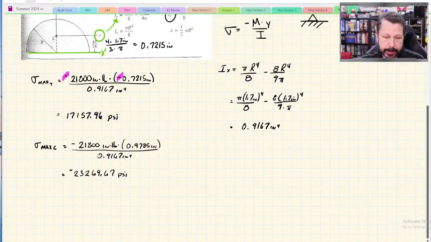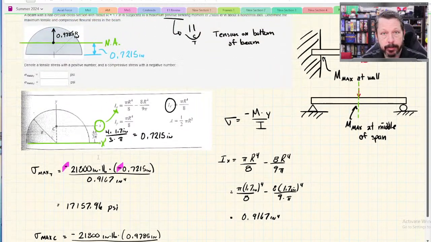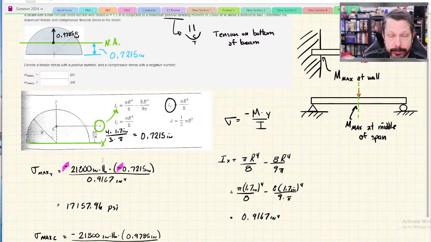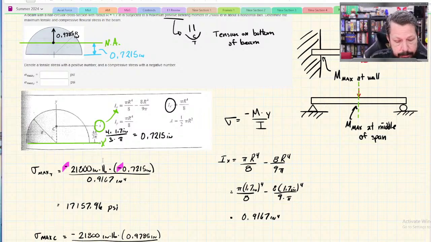So the key is you might be asked a question, just calculate a moment of inertia about some random axis, and we just give you the axis. In that case, you work as if that axis is the neutral axis, and if you need to use the parallel axis theorem, then you use it relative to that axis.